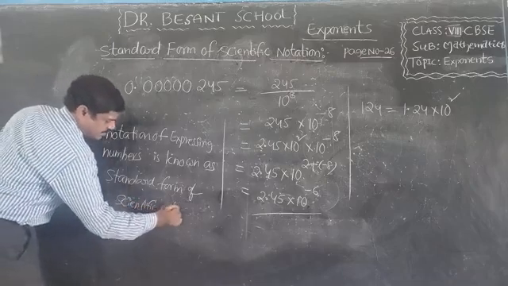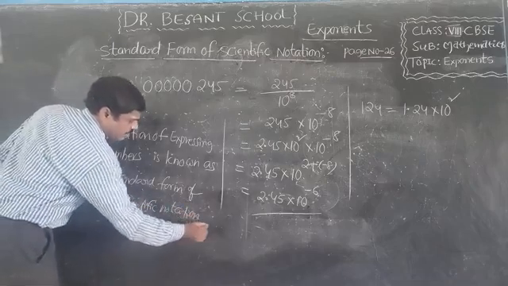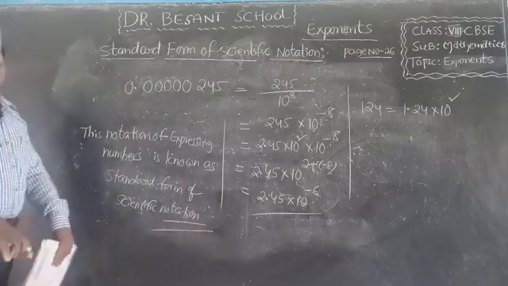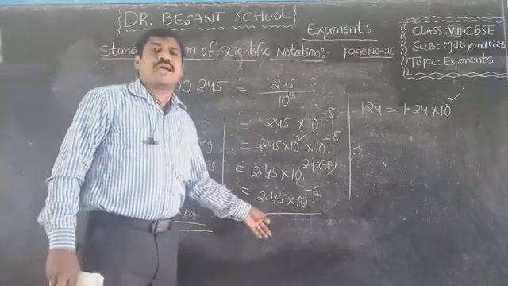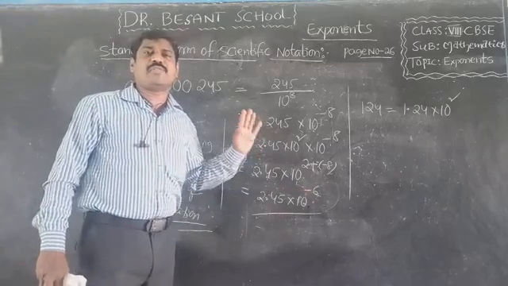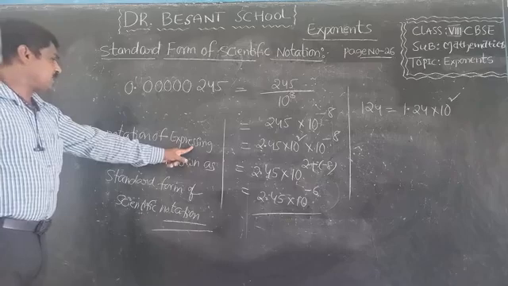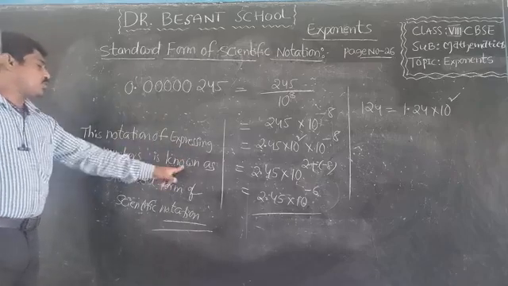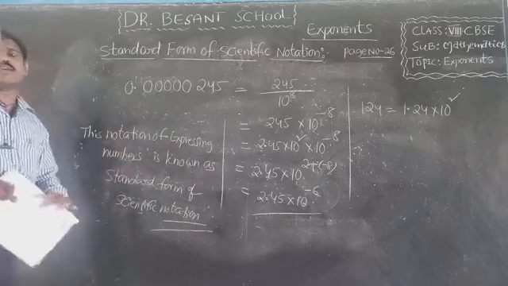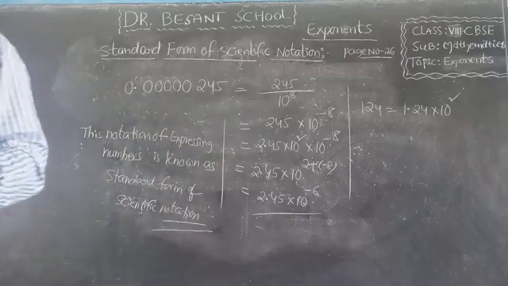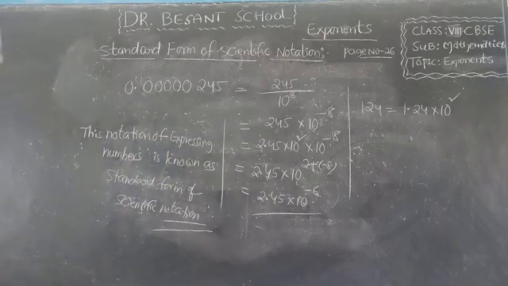This is a product of one decimal number and an exponent of 10. So this notation of expressing numbers is known as standard form of scientific notation. Children, now I will explain some examples.